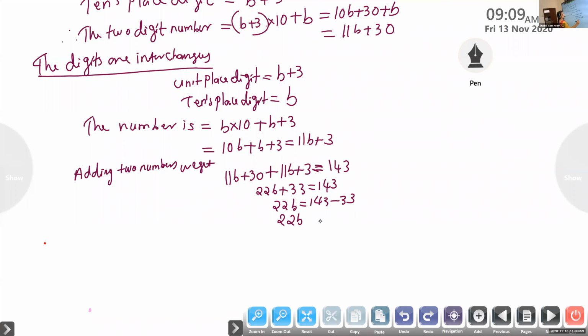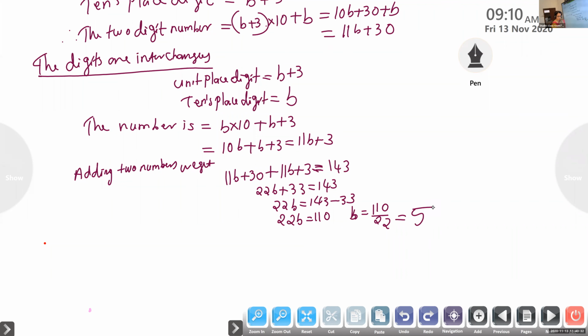B equal to 110 by 22. Lakshmi, what is B? 110 by 22. Yes, ma'am. B equal to? 5. B equal to 5.